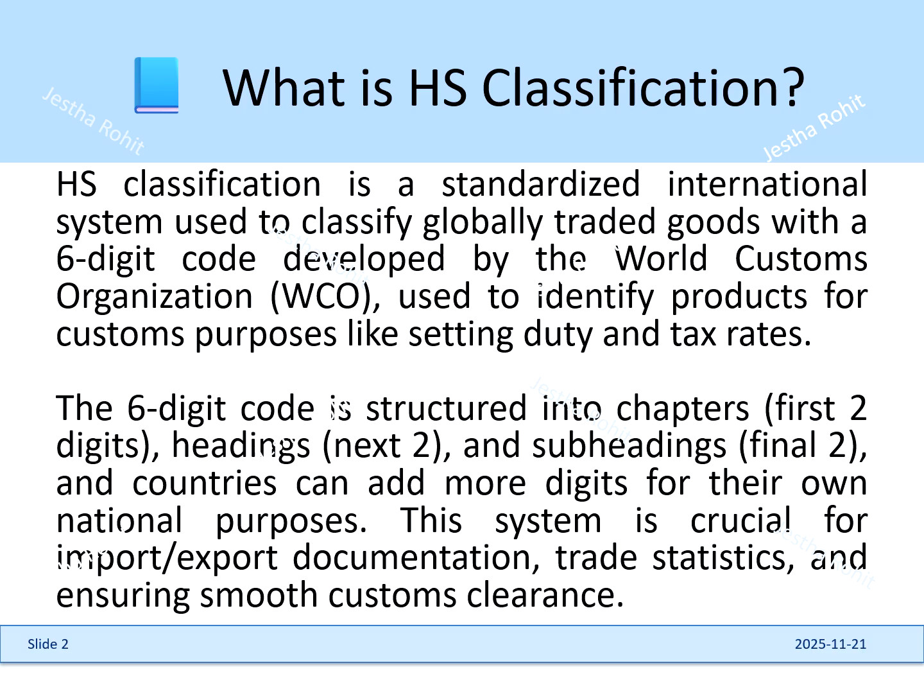The six-digit code is structured into chapters, the first two digits, headings, the next two, and subheadings, the final two. Countries can add more digits for their own national purposes. This system is crucial for import-export documentation, trade statistics, and ensuring smooth customs clearance.